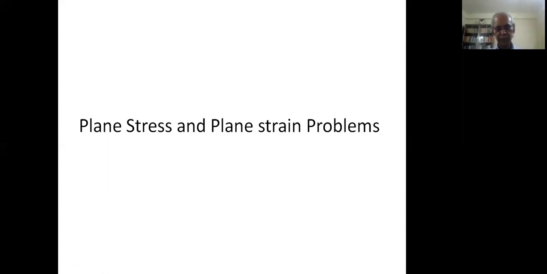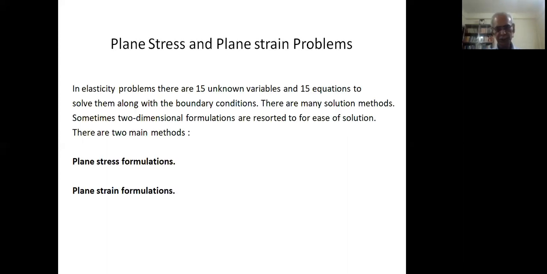So let's go and look at the formulations. In fact, we have discussed earlier that there are 15 unknown variables in elasticity problems. You may remember there are 6 stress components, 6 strain components, and 3 displacement components.